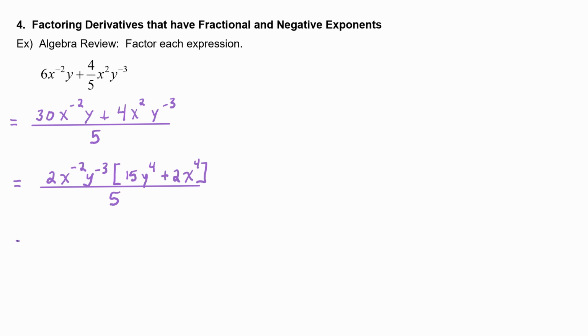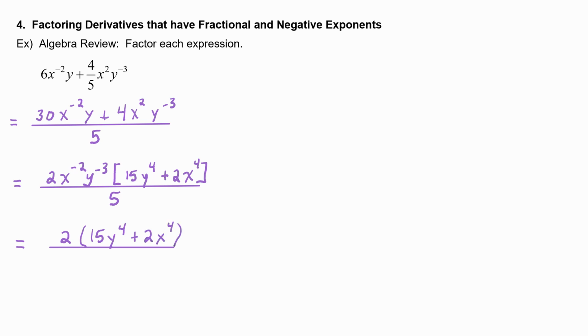Now to simplify, all we need to do is get these negative exponents moved to the denominator so that they become positive. So in the numerator, we will have this 2, and we will have the 15y to the 4th plus 2x to the 4th.